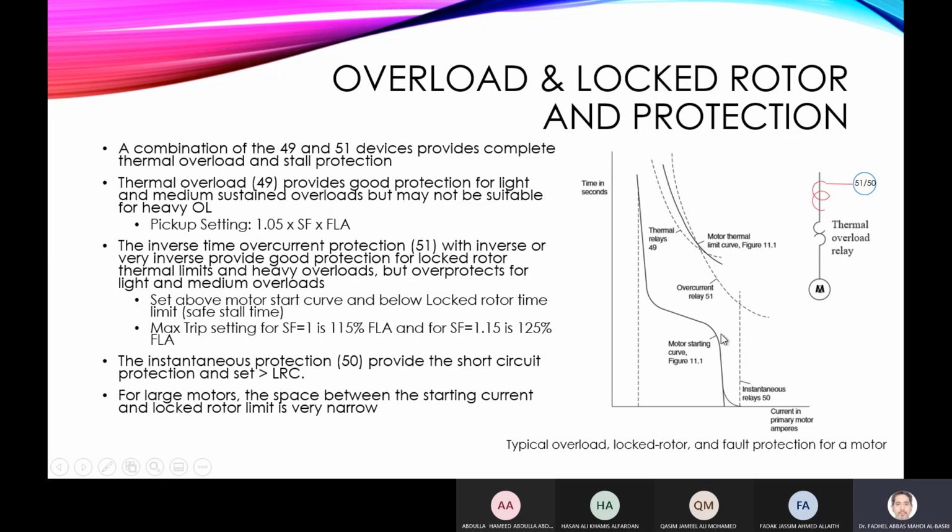Or sorry, a delay higher than the starting current and just below, as you can see, at starting current somewhere here, the overload curve is just below the thermal limit.